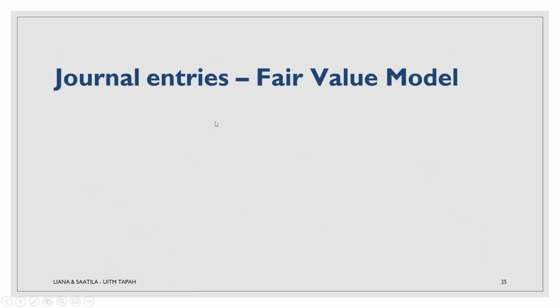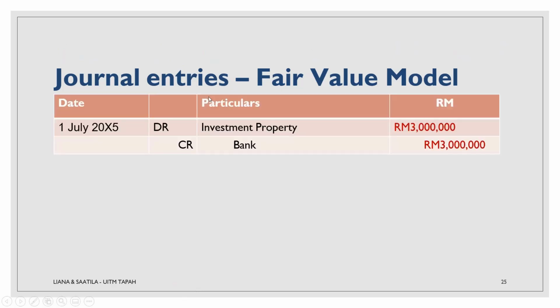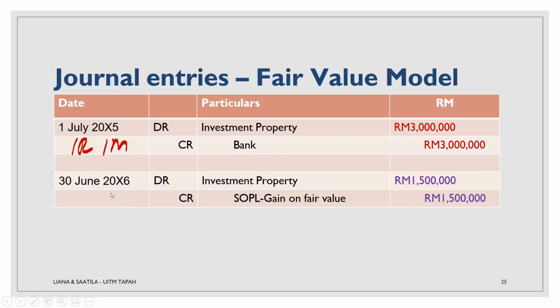Now let's look at the journal entries under the fair value model. So on initial recognition and initial measurement, we still have the same journal entry. However, on subsequent measurement, we are incorporating the changes in fair value, and this would be as part of your income, other income.